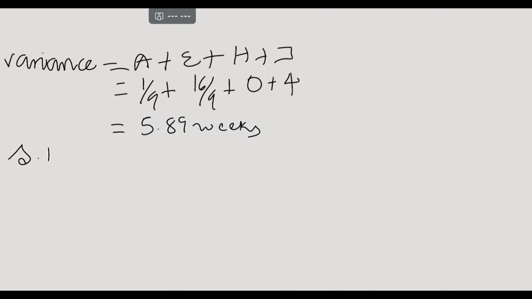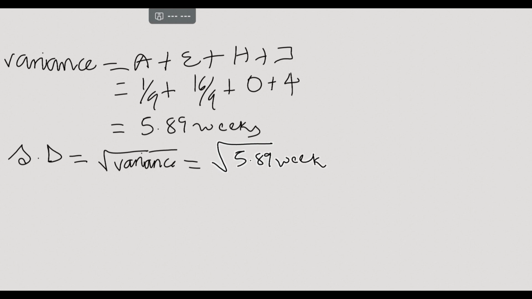Therefore, the standard deviation, which we're going to abbreviate in this tutorial to SD, is the square root of the variance, which is 2.43 weeks.